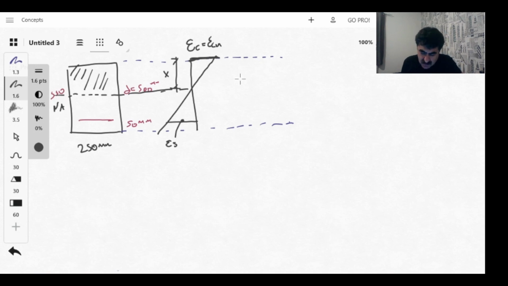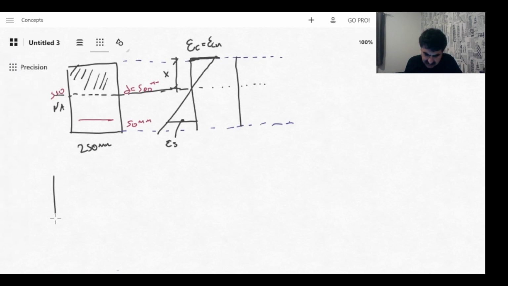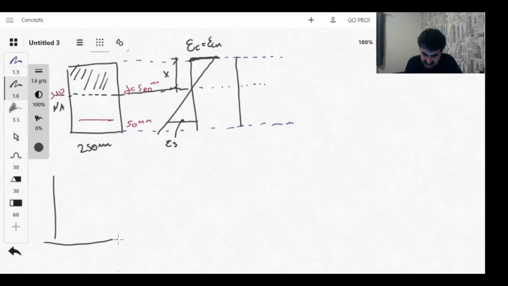After that we need to calculate the stresses. We have stresses in concrete, compression. How are we going to calculate the stresses? We will use a stress strain diagram of the concrete, epsilon c and sigma c.